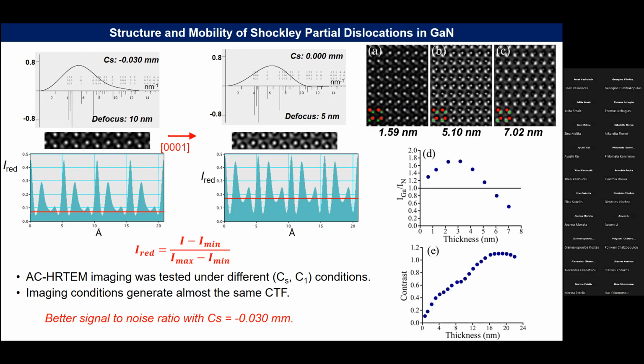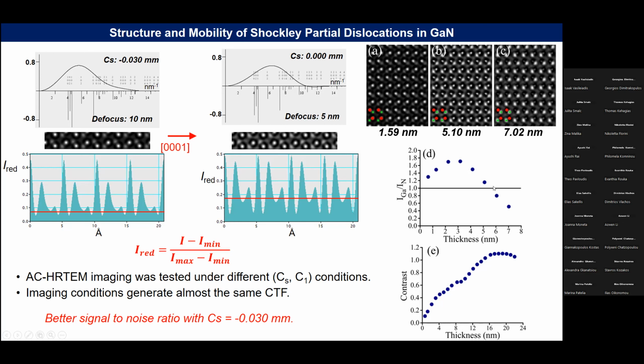Then we have to test these conditions to see how our material behaves under them. These images are from image simulations, and you can see here that both gallium and nitrogen atoms can be resolved, can be distinguished. You can see both red and green balls. The red balls indicate gallium atoms, and nitrogen atoms are indicated by the green ones.